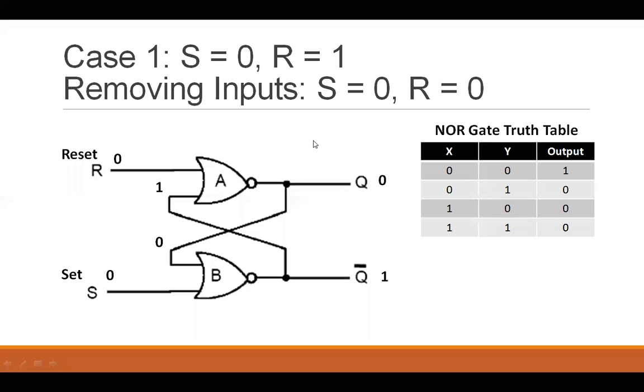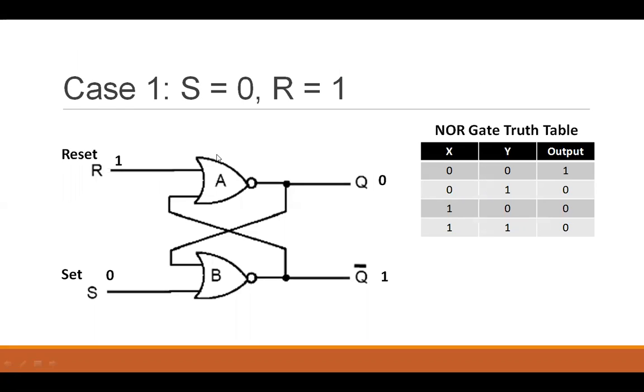Now, let's assume that we have removed the input of S and R. Removing the input means that the value of R, which was previously 1, is now 0. So I have S and R both 0. But the previous state, as you have seen in the previous slide, is Q 0 and Q dash is 1.